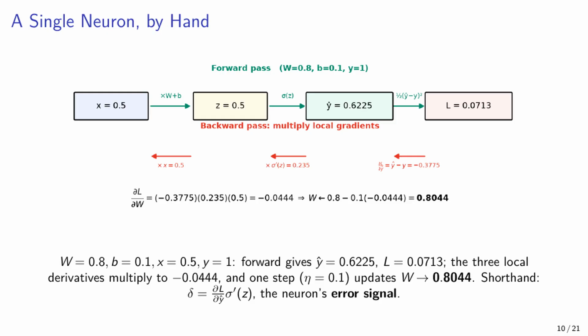Forward gives a prediction of 0.6225 and a loss of 0.0713. The three local derivatives multiply to negative 0.0444 and one step with learning rate 0.1 moves the weight to 0.8044. The handy shorthand is delta, the error signal at the neuron.